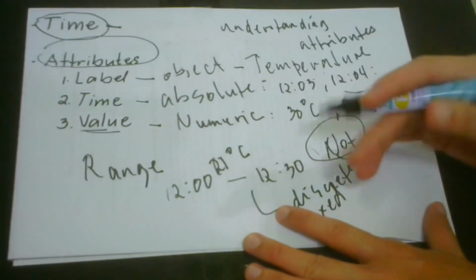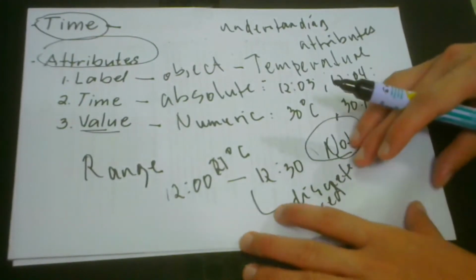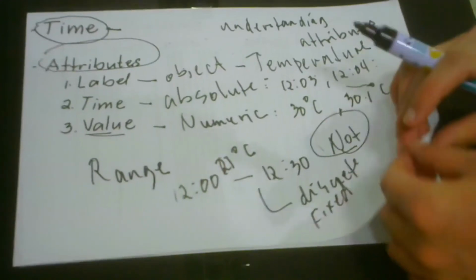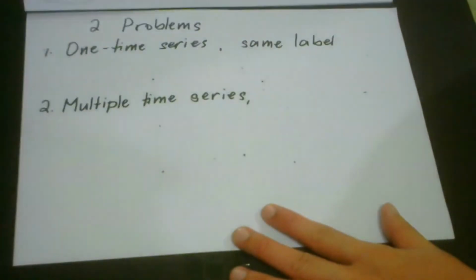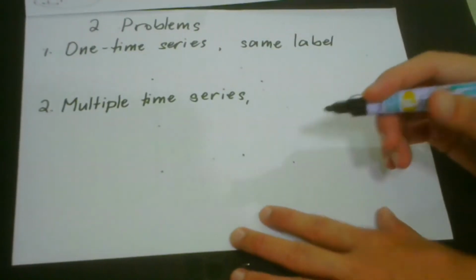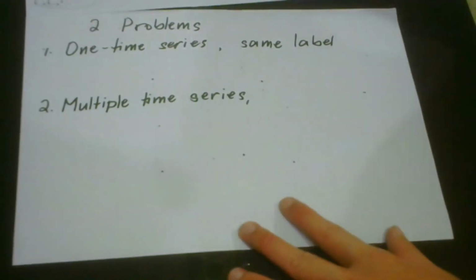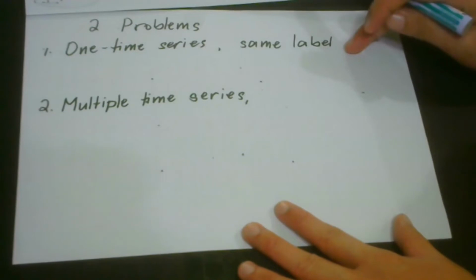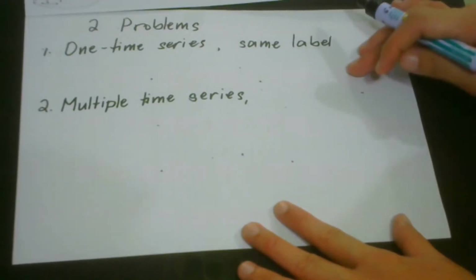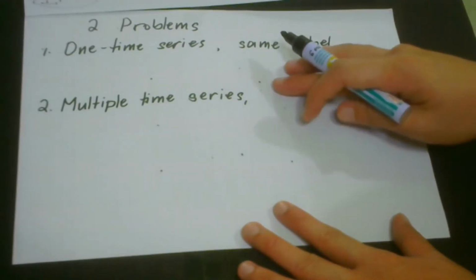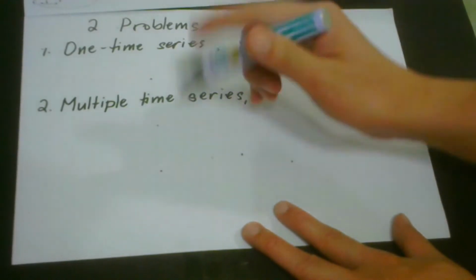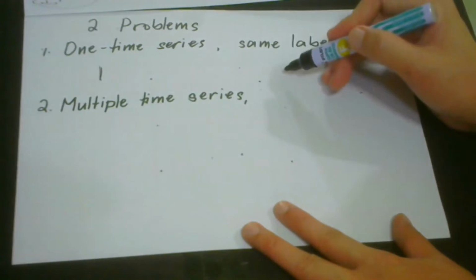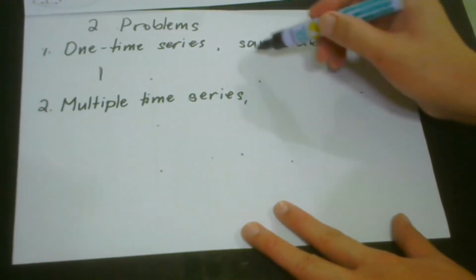And now we have to consider the two problems that would arise when we consider time series analysis when we do the anomaly and fraud detection. So the first one is one time series and there is only one label. So what does this one mean? This means that we are considering here only one time series, and all data points refer only to the same label.